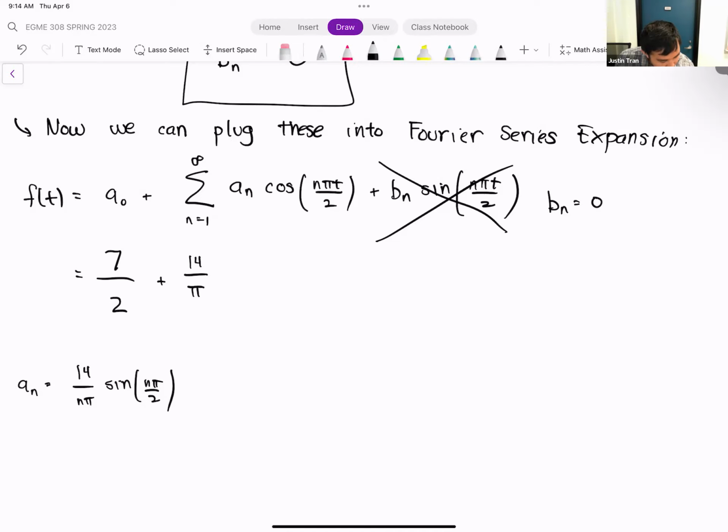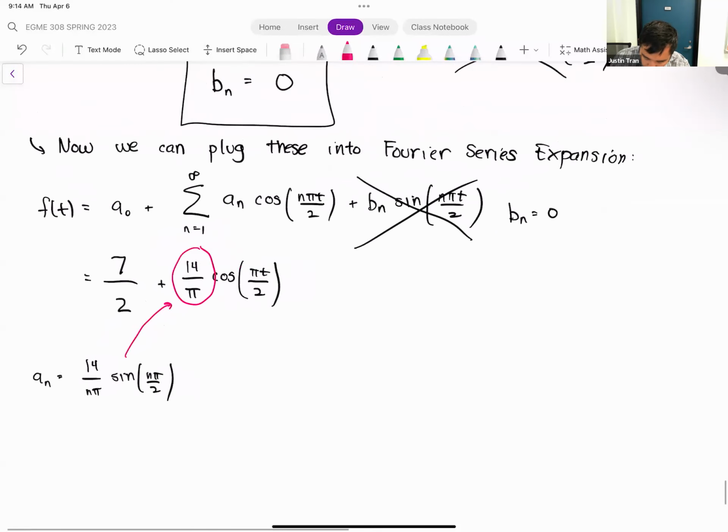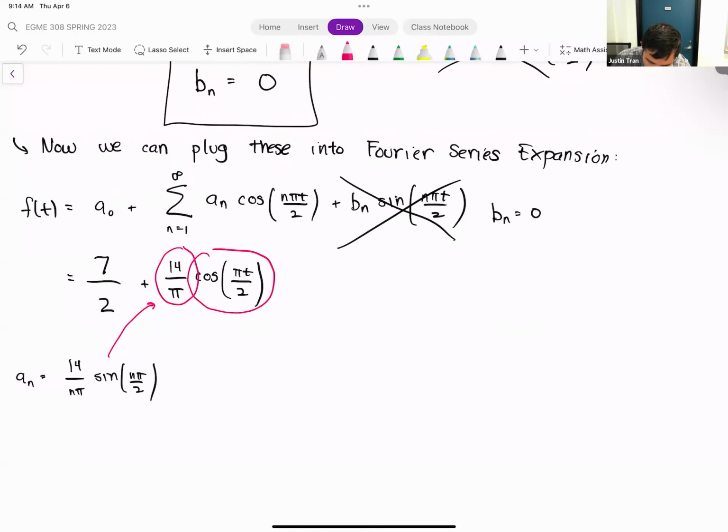That's the coefficient, and then we have to multiply it by cosine of pi t divided by 2. This 14 over pi came from an, so that was the contribution from an. And this cosine of pi t over 2 came from the expansion. Okay.